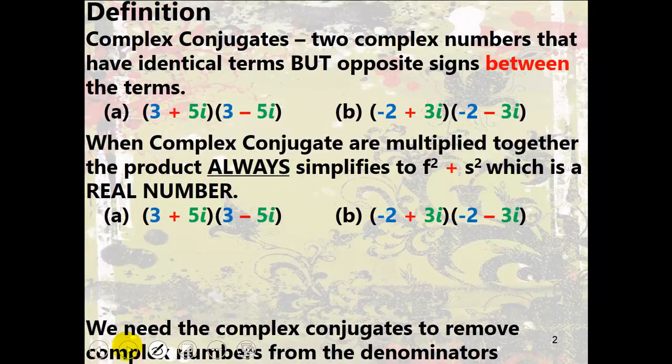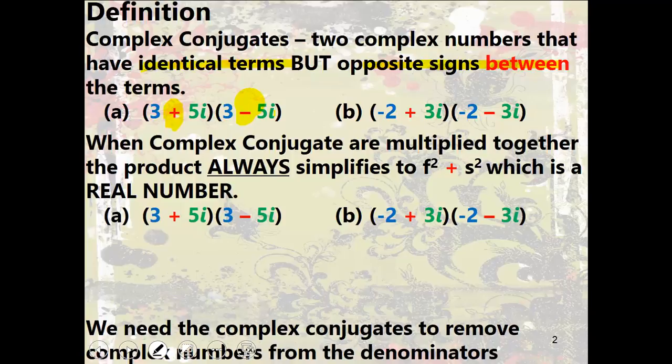So a complex conjugate, there are two complex numbers that the terms are identical, but the signs between them are opposites. So the terms are identical terms, opposite signs between them. So I've kind of used color to set this apart. See how both complex numbers have a 3 as a constant and a 5i as an imaginary, but in the middle one has a plus and one has a minus, okay?